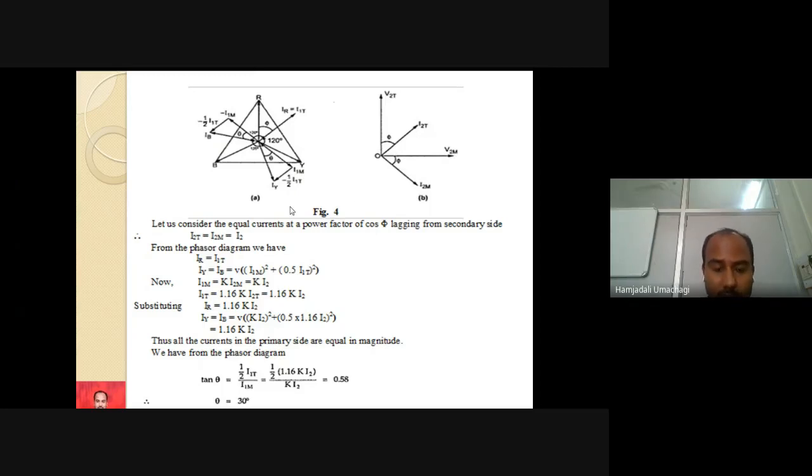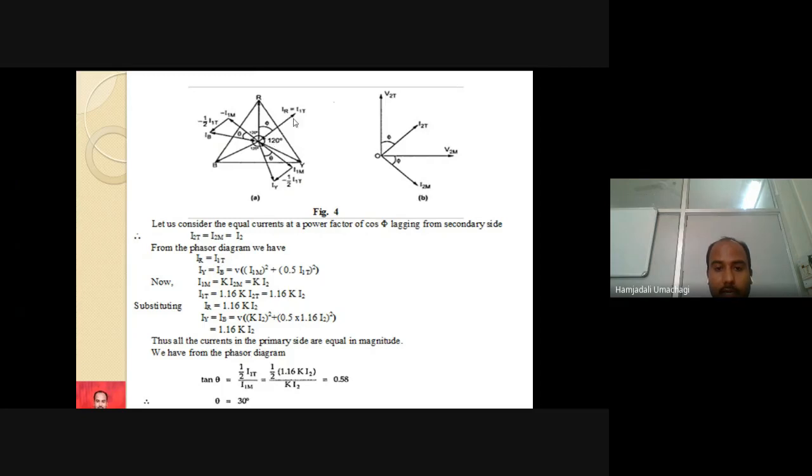Okay, the explanation you can see here. Let us consider equal currents at a power factor of cos phi lagging from the secondary side. So here the condition is that we take equal currents: I2T, the teaser transformer secondary current, is equal to I2M, the main transformer secondary current, which is equal to I2. From the phasor diagram we can write IR is equal to I1T.